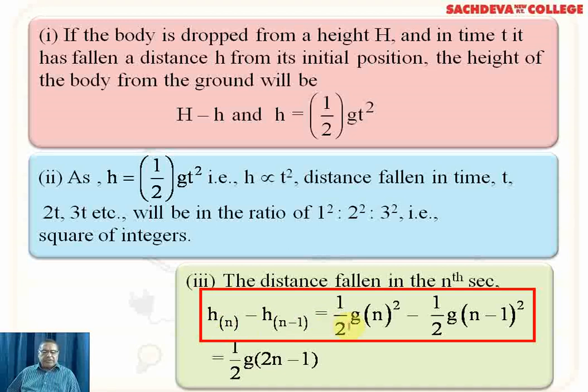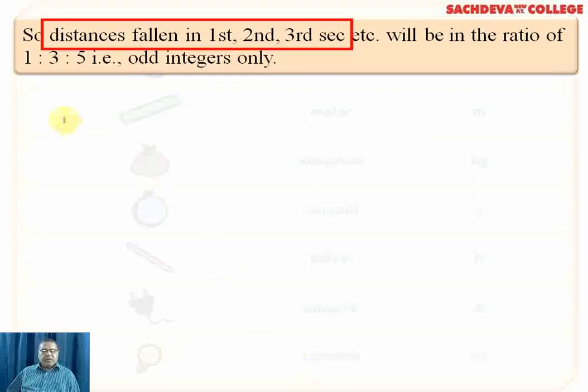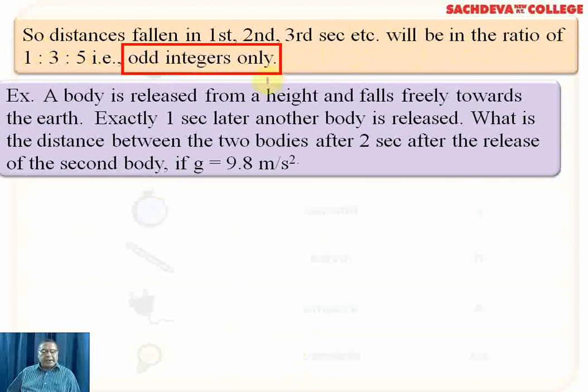So for hn, we put the value un + half gn², and for hn−1, wherever we used n it is replaced by n−1. After calculation, the net result will be half g(2n − 1). So the distances fallen in the first second, second second, third second, etc. will be in the ratio 1:3:5, that is, the odd integers only.